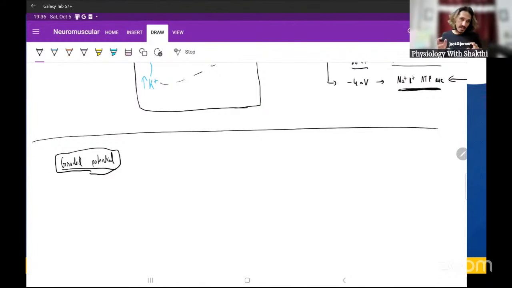So what exactly is a graded potential? Say some sort of stimulus is there that is not reaching a threshold. What is the threshold? We'll come to that. But say there is a stimulus of a particular strength and it is not reaching the threshold.